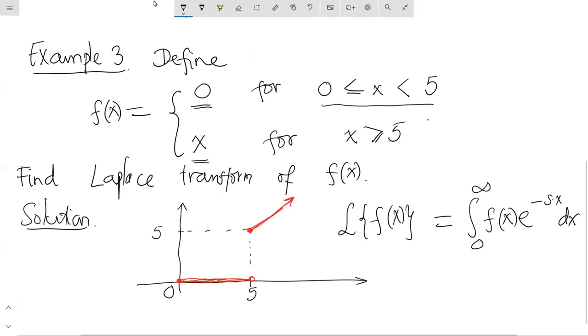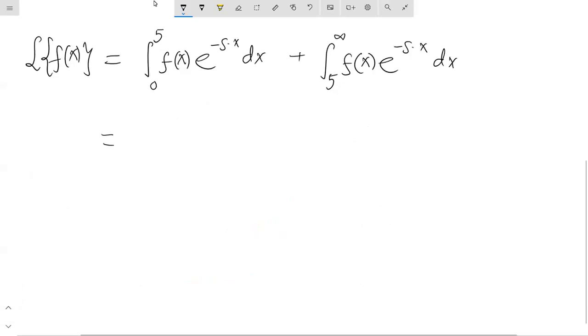Now for the first one, between 0 and 5, the function is 0. So I just have the integral from 0 to 5 of 0 times e to the minus s times x dx. But of course, 0 times anything is 0, so the integral here would be 0. For the second piece, the function is x.